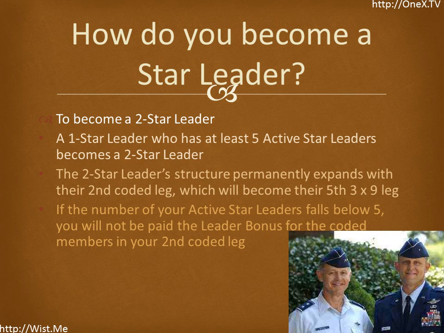And when they have become 1-star leaders, you will have 5 star leaders. And when you have 5 star leaders, you become a 2-star leader. Let me repeat that in case it sounds a bit complicated. So you started with 5 Stargate 4 members.